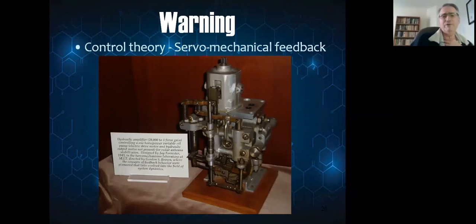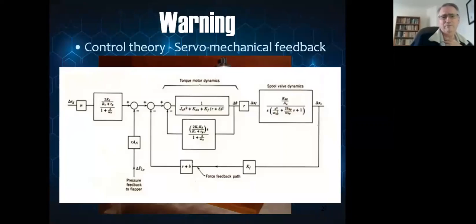This is the first system he built, which is obviously a servo-mechanical system to control the radar system. And here's a diagram of an electronic system, which shows a system dynamics diagram.